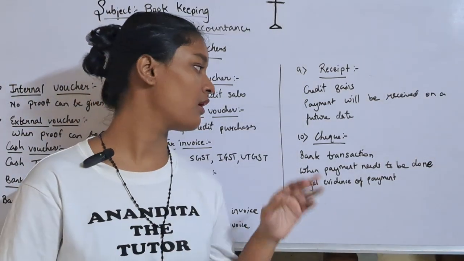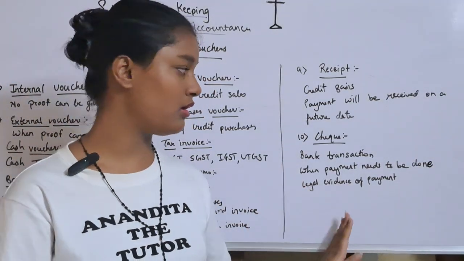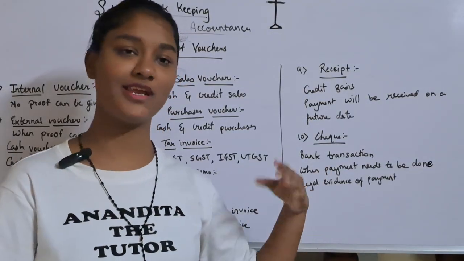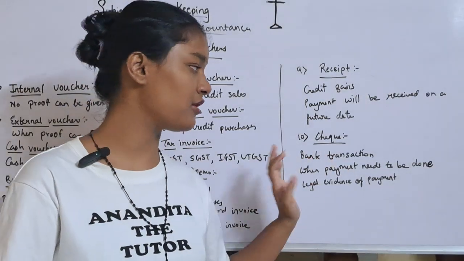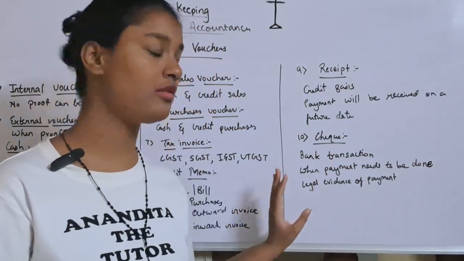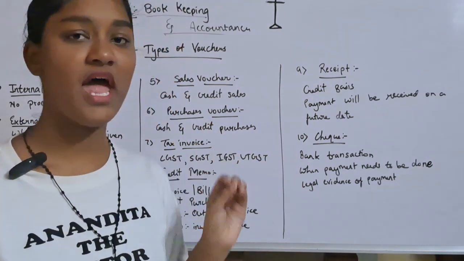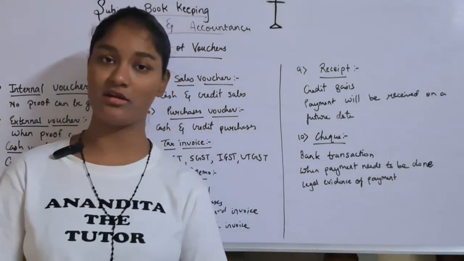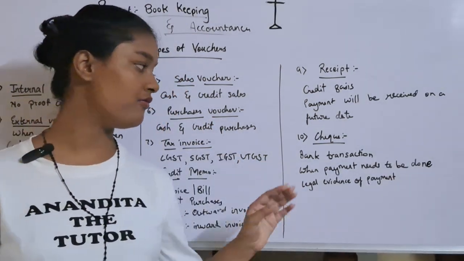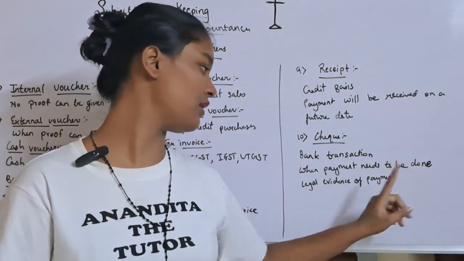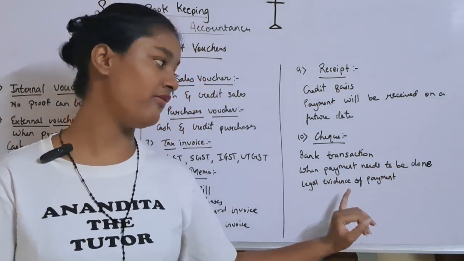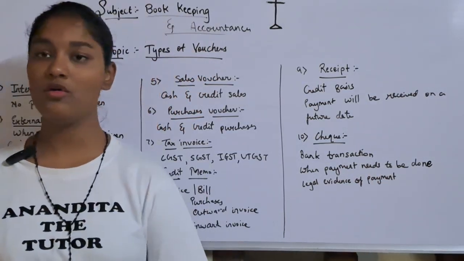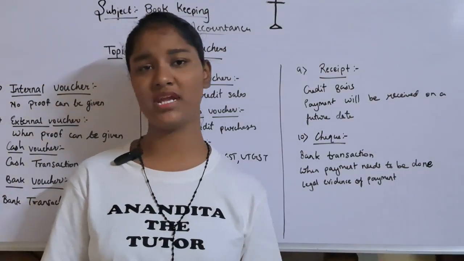Okay, and the last type, which we'll study in detail in the next video, I'll just explain it in short. You all already know this. Okay, this is called a check, and check is given in case of bank transaction. Okay, and when payment needs to be done, it is the legal evidence of payment. Now I have to pay money to someone.